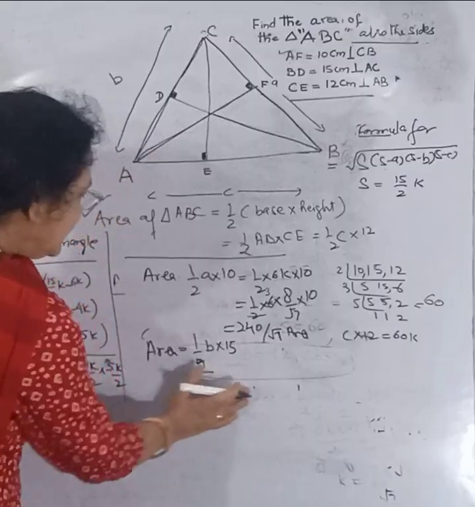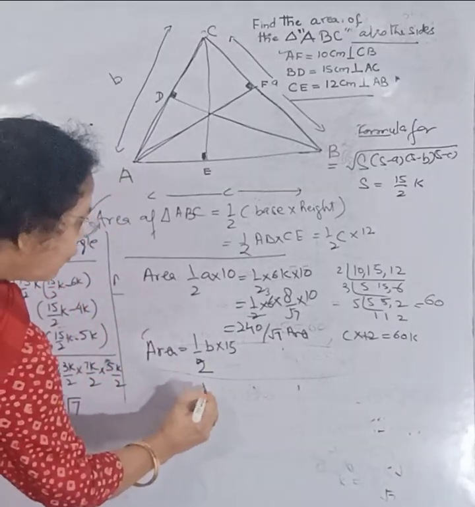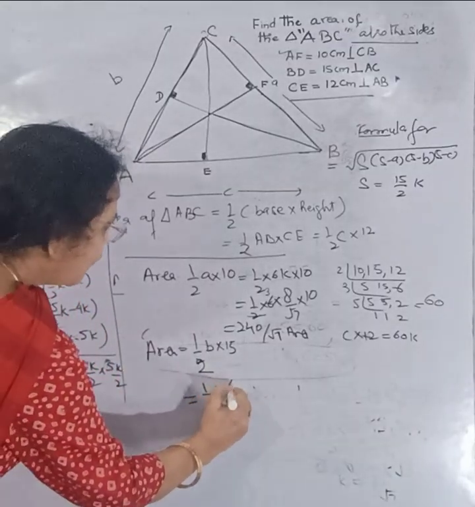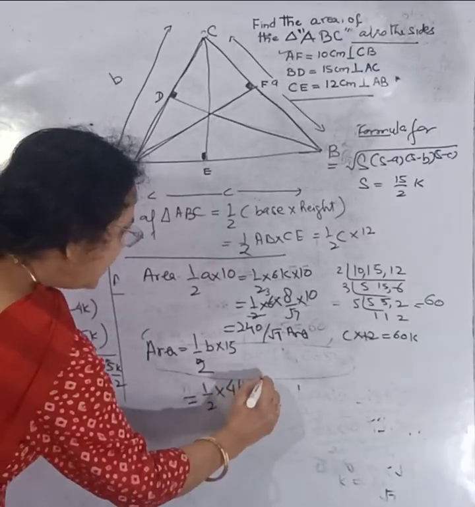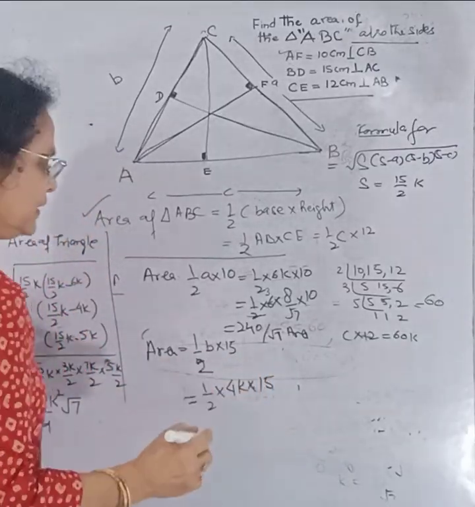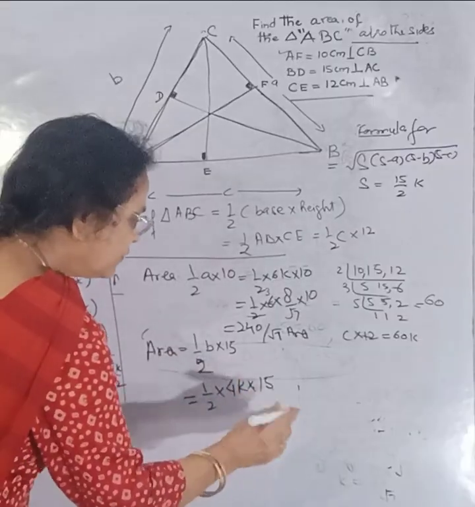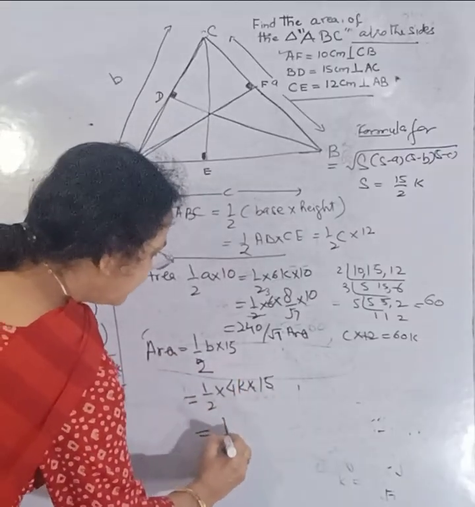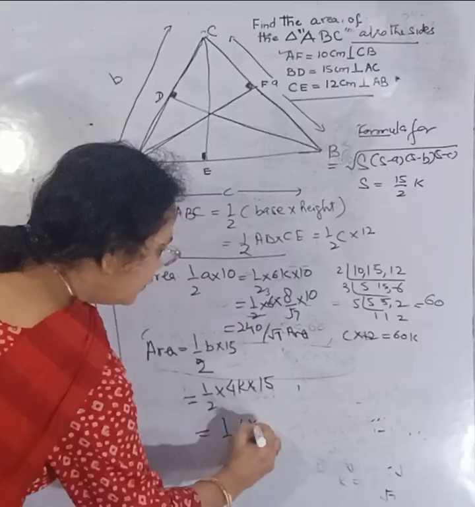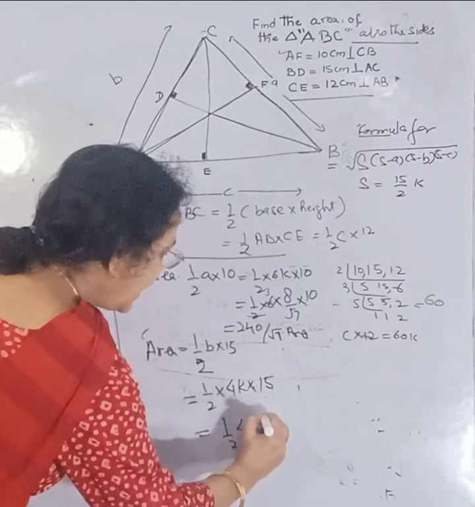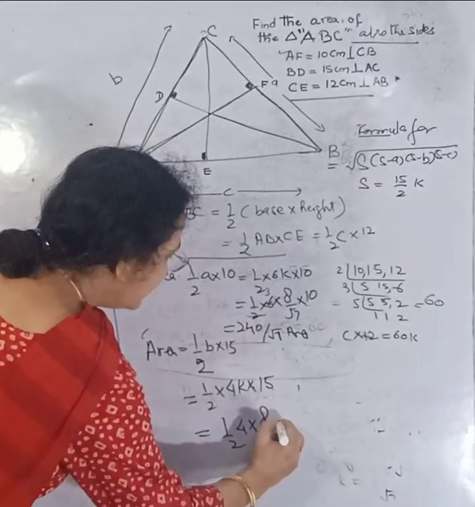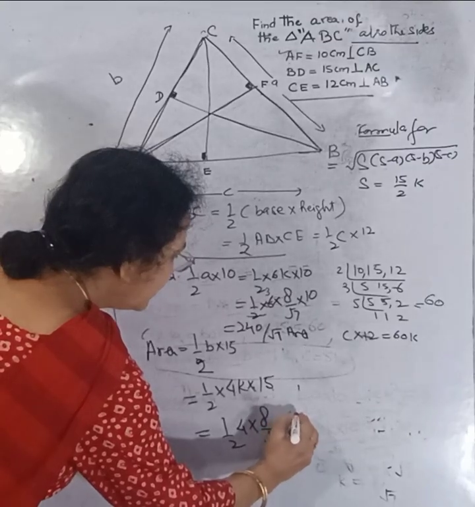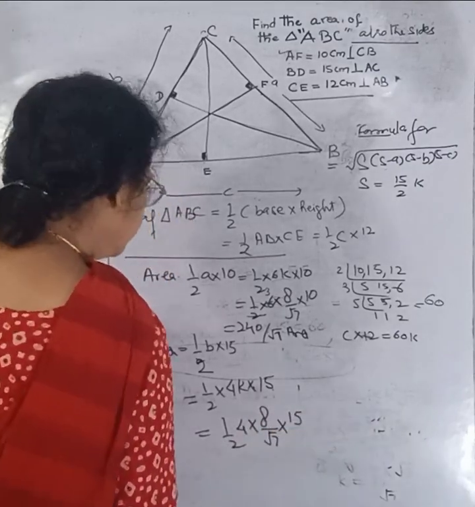So we can write it as 1 by 2 into 4 times K into 15, putting the value of K, 4 into 8 upon root of 7 into 15.